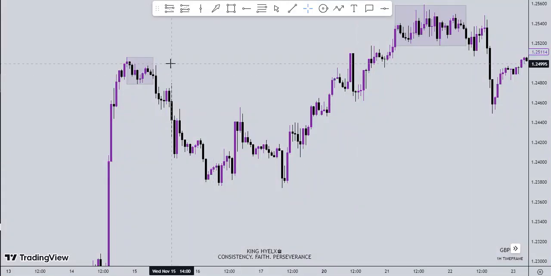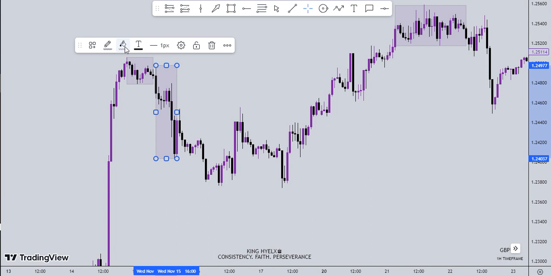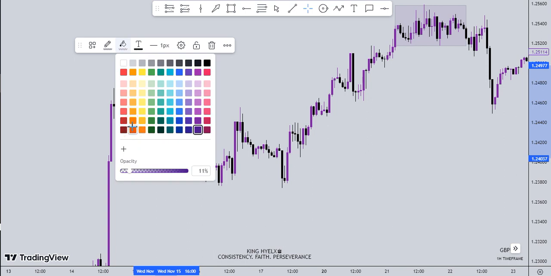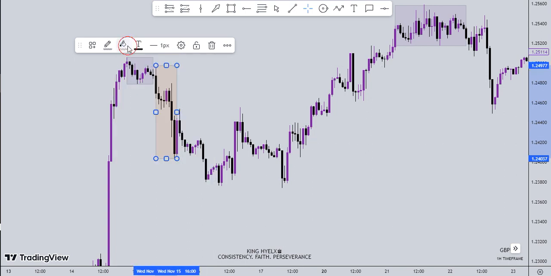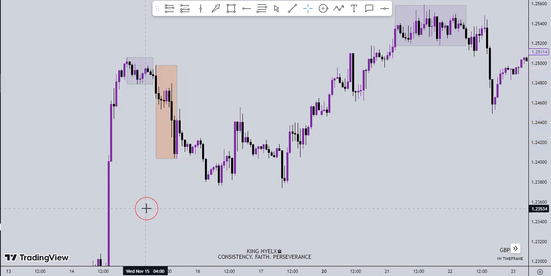All right, so we've already marked out consolidations here. Now let's start marking out expansion. We said this is when price moves quickly from a level of equilibrium. This consolidation is essentially our level of equilibrium. Do you see how price moved quickly away from it? Now let me use a different color for our expansion. Let me make it brighter. Let's create a key over here.